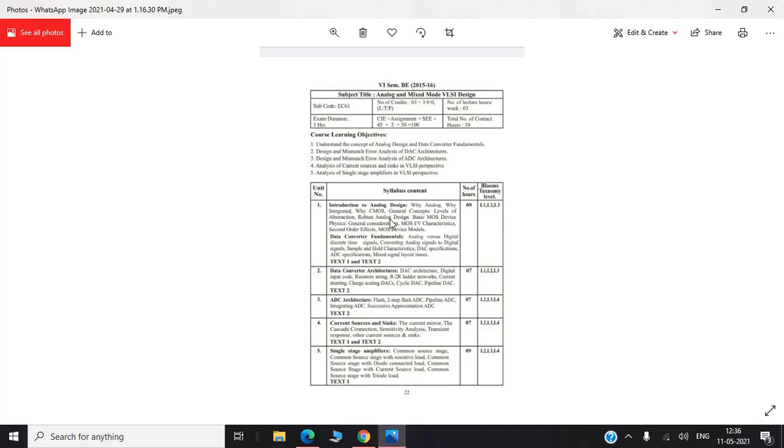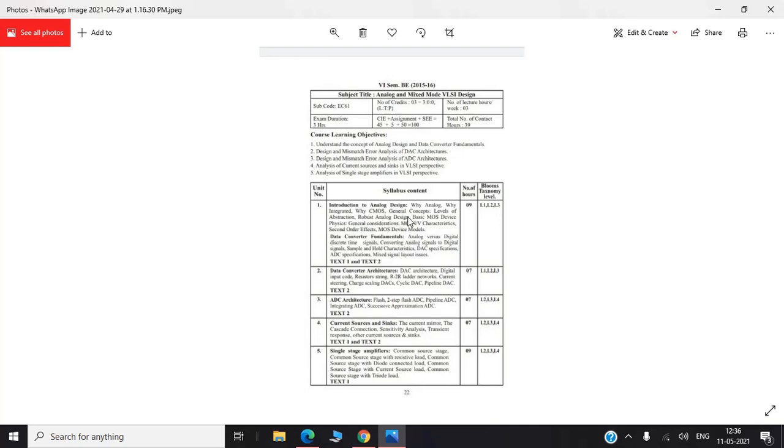Next, why CMOS? You already know why CMOS: it can be used as an on-off switch, it gives you very good resistance, and mainly it can be used in complementary MOS structures. Next, general concepts, that is level of abstraction and robust analog design.